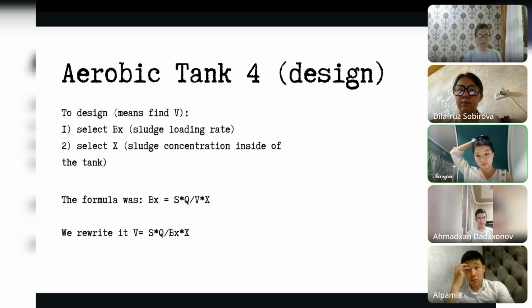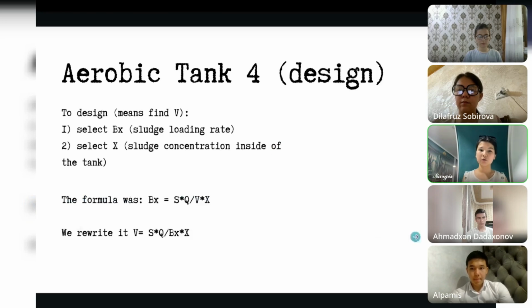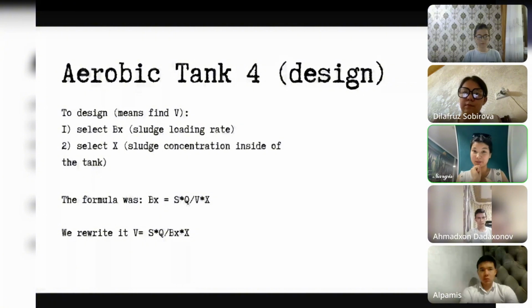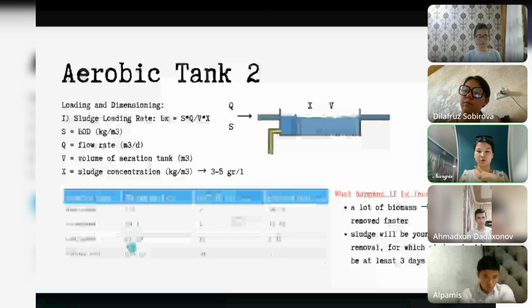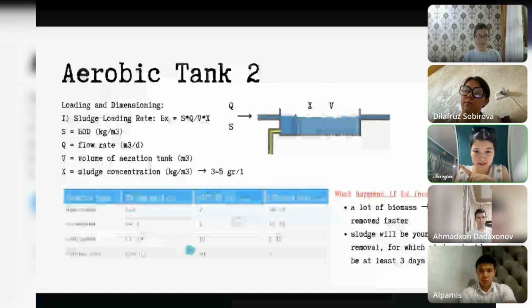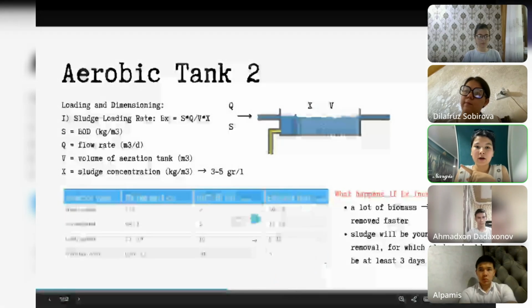So now that we know this biological load, this Bx, what do we do if we want to find the volume? To design an aerobic tank, which means find its volume, we first need to select our Bx, meaning we select whether we want 1 or 2, 0.4 or 1, or something from there. One thing I should mention is that the efficiency of our aerobic tank will depend on this biological load.